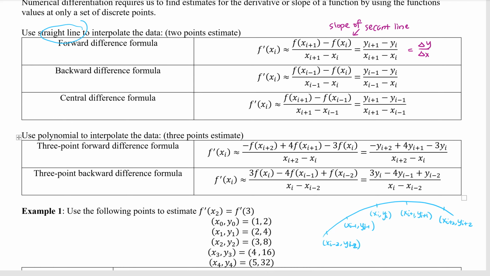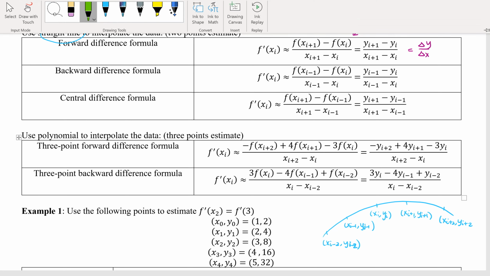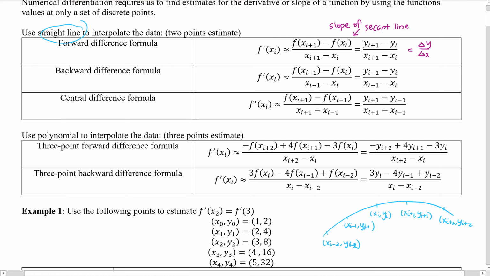Let me use a different color. For the 3-point forward difference formula, we can use the forward points. So it's the point and the next 2 points to calculate.